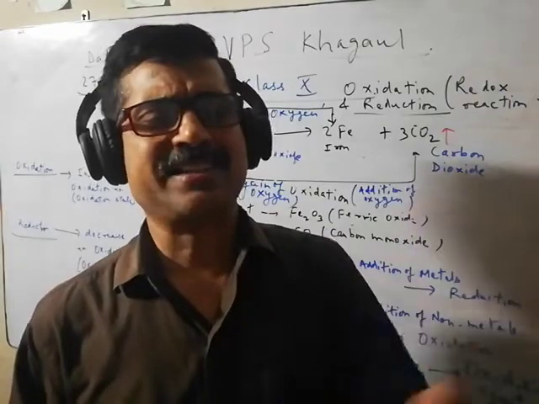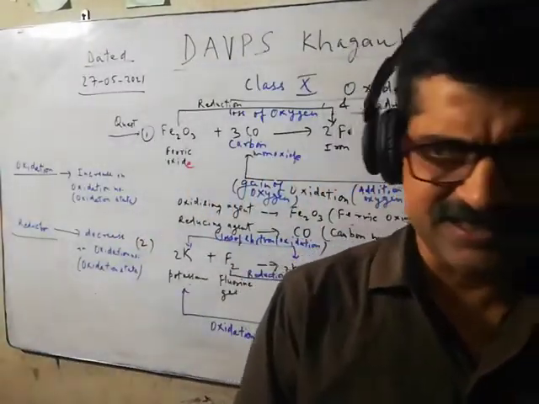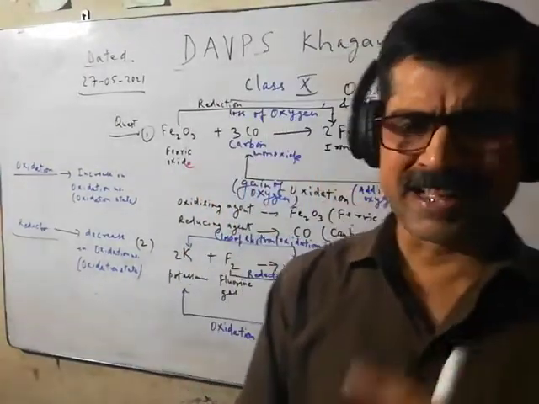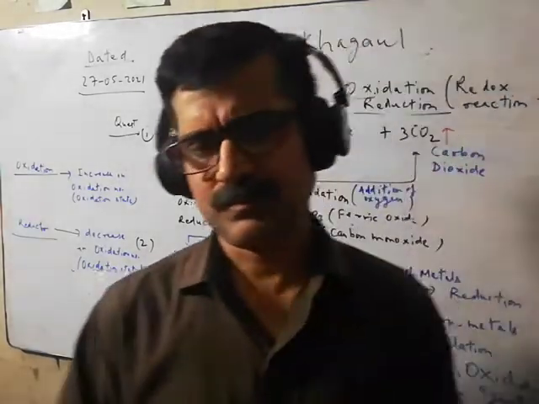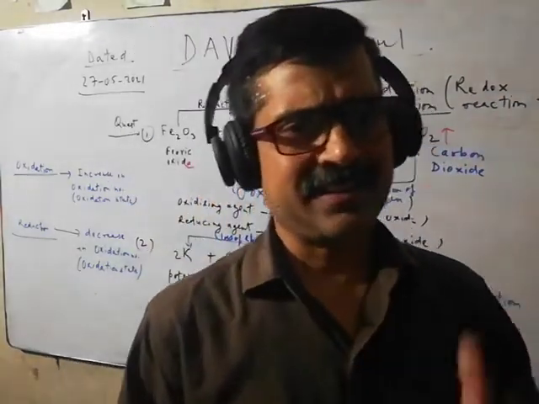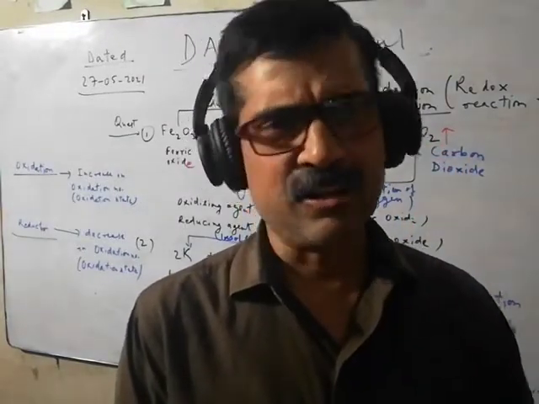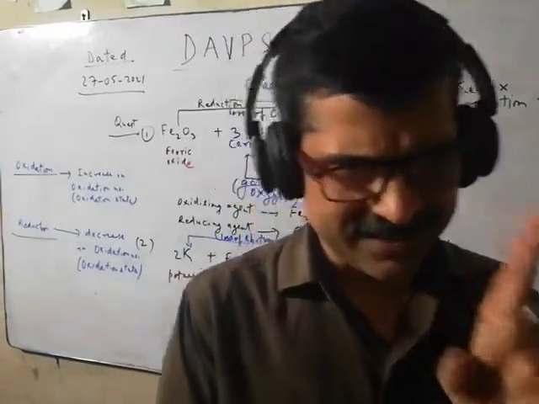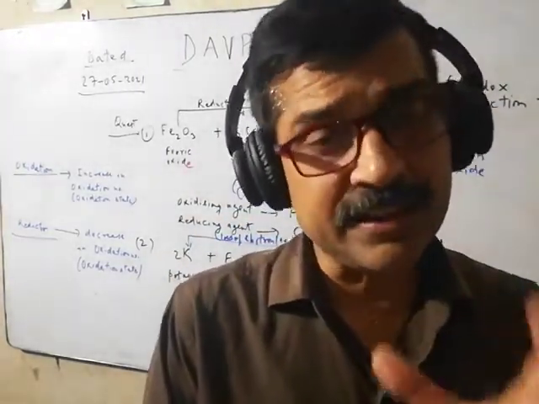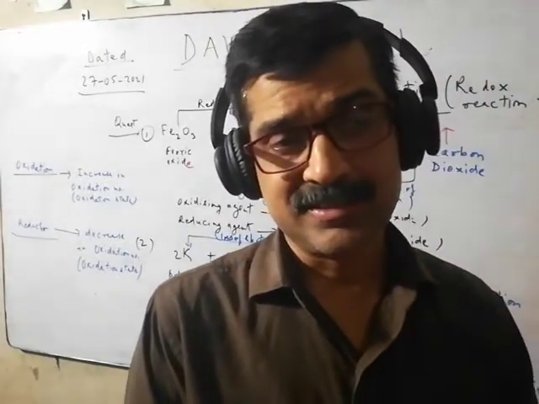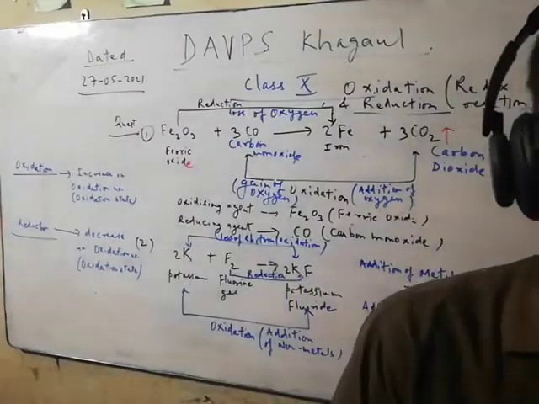Okay, some more reactions we will verify and decide as oxidation and reduction. But before that, one thing more you should know: oxidation and reduction in terms of gain and loss of electrons. Now, you tell me, what is gain of electrons called?